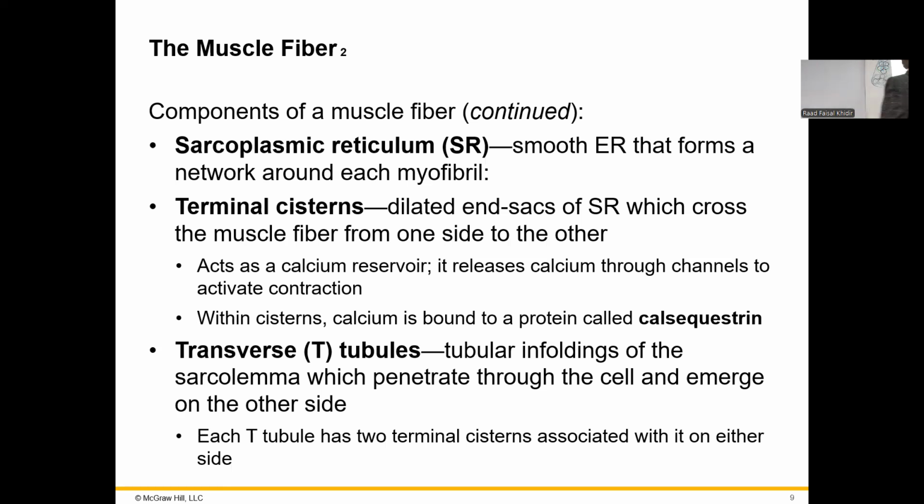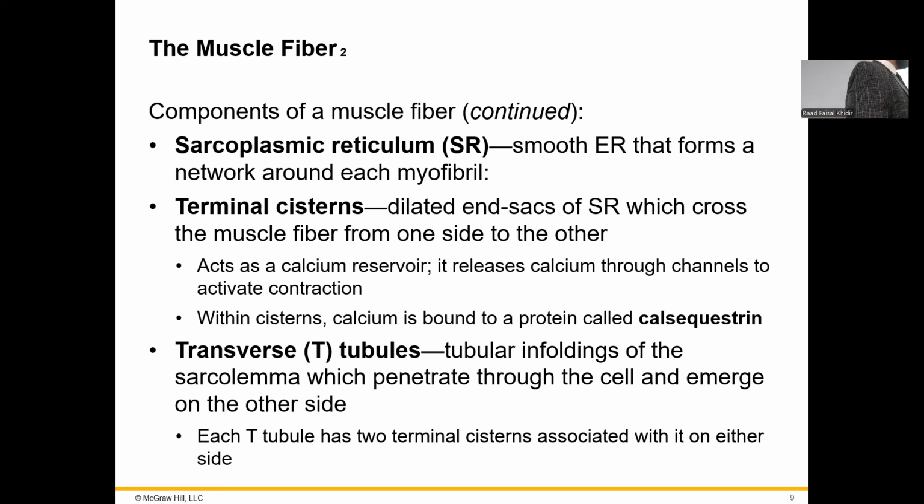So we have smooth endoplasmic reticulum that forms a network around each myofibril. So that means my myofibril is surrounded by smooth endoplasmic reticulum. What is the job of the smooth endoplasmic reticulum?